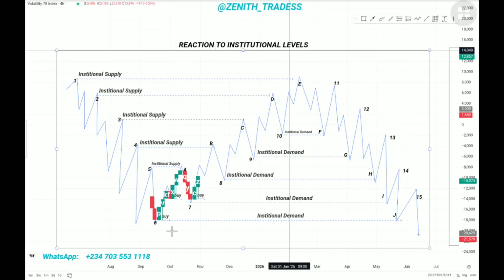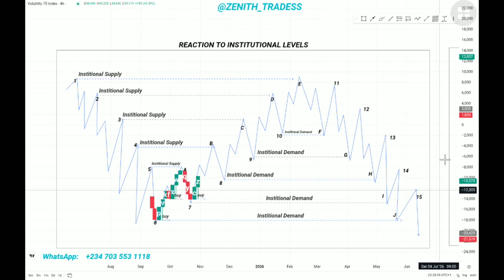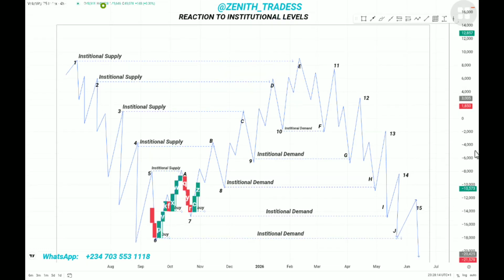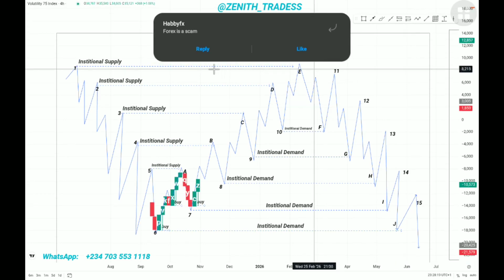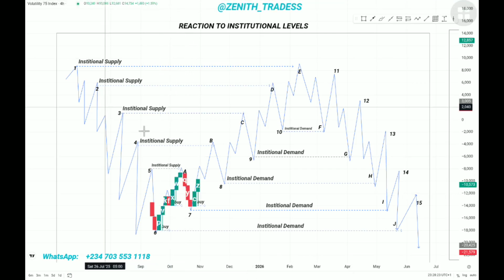The candle formation giving you impulsive, corrective. I don't need to dwell much on that now. Impulsive leg, corrective leg, right? So what we want to take notice of here is how they react to institutional levels.